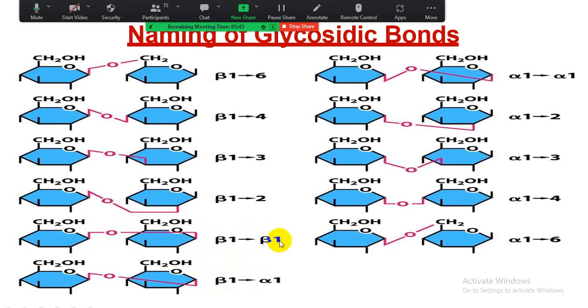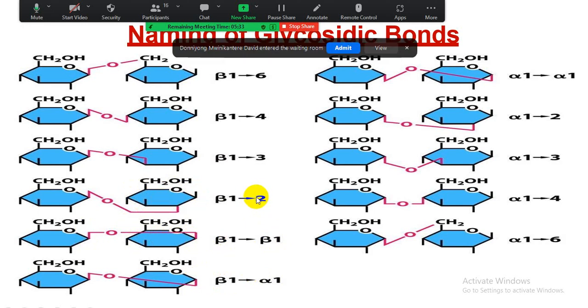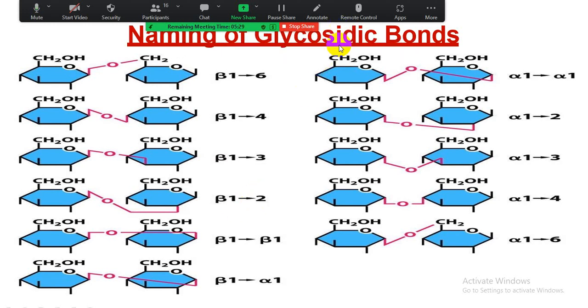But if it is not in relation to the anomeric carbon, but any other carbon, then we don't bring either the beta or the alpha there. Whenever we talk about either beta or alpha, it is about the anomeric carbon. Any other carbon is not important.